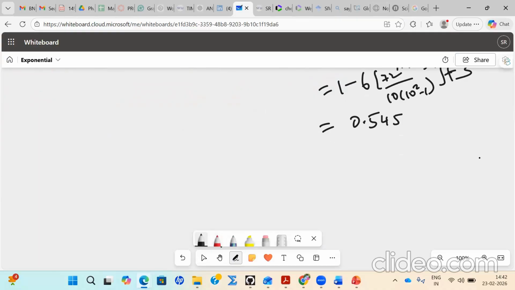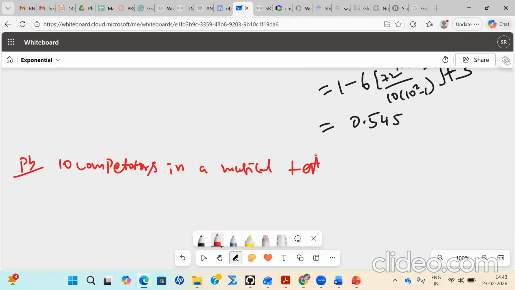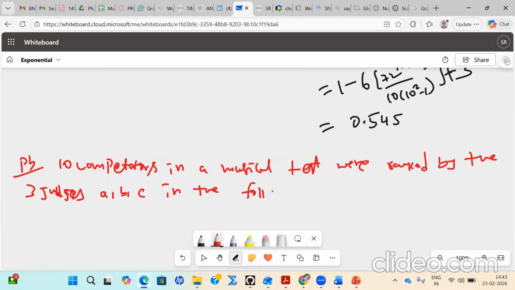Try this one. 10 competitors in a musical test were ranked by three judges A, B, C in the following order.